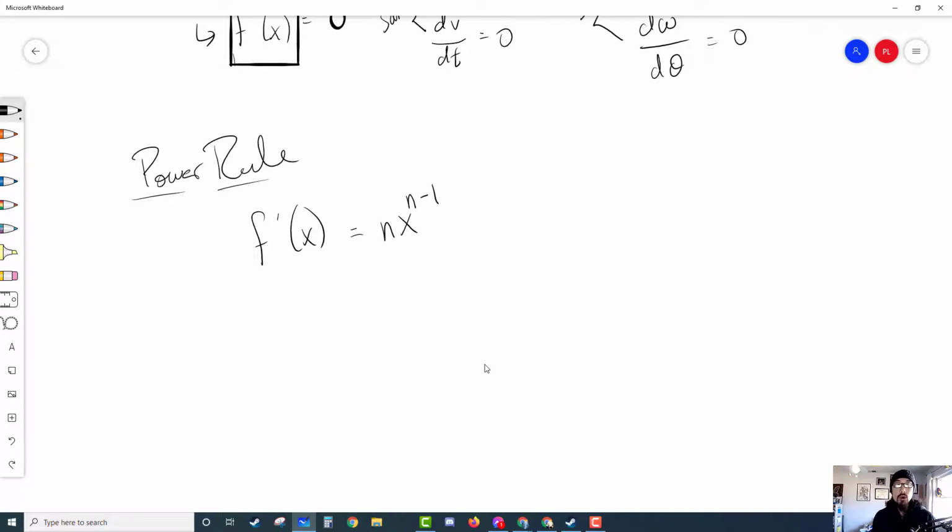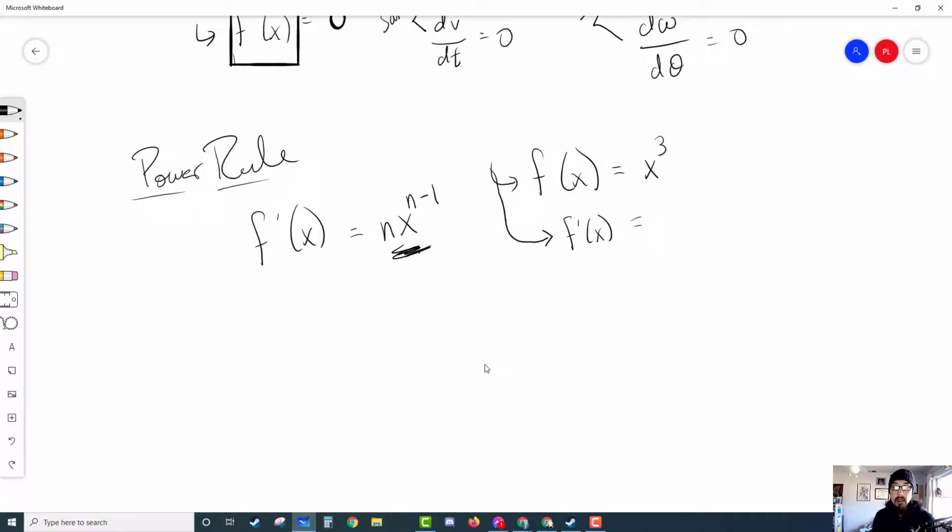All right, so I want to break this down. If I were to have a function f of x, oh boy, why did that turn into a trapezoid? There we go, is equal to, let's say, x cubed. If I were to take the derivative of this function, f prime of x, I'm going to use this format.